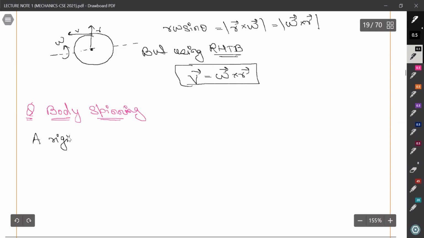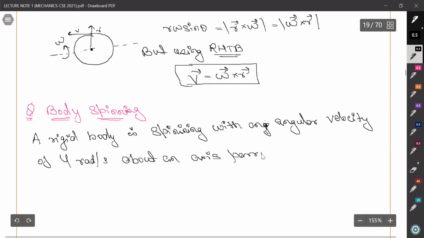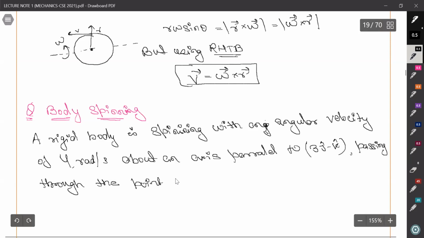So here it is given a rigid body spinning with an angular velocity of 4 radian per second about an axis parallel to 3j minus k cap, passing through the point i cap plus k cap.